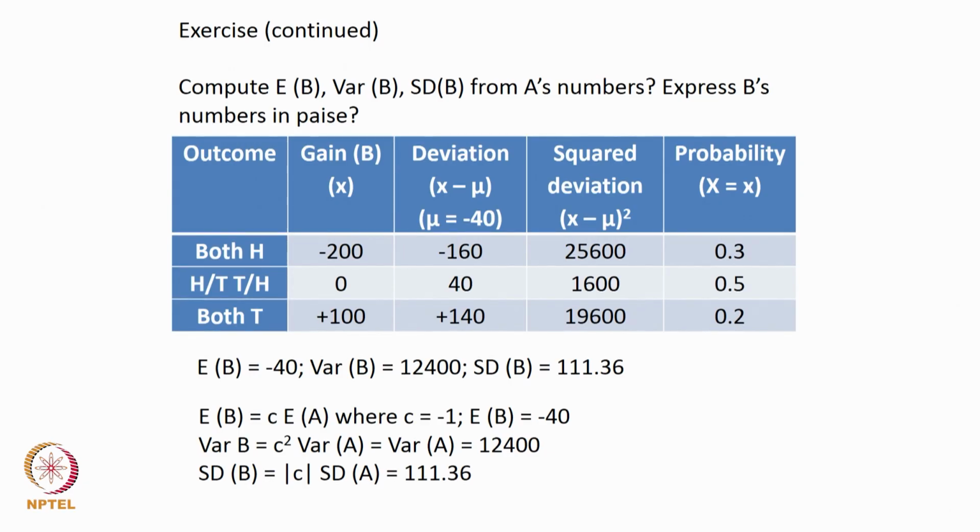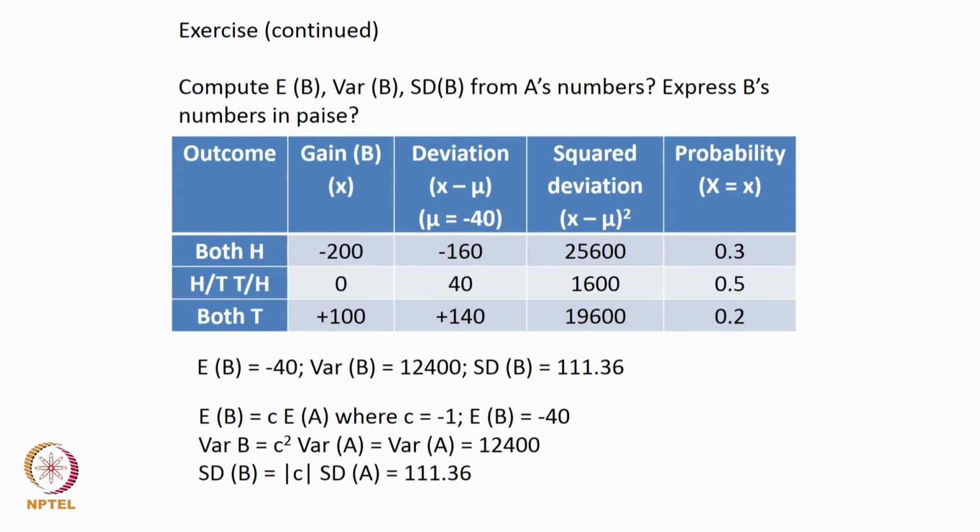So, the variance is 25,600 into 0.3 plus 1,600 into 0.5 plus 19,600 into 0.2, which is 12,400, and the standard deviation is 111.36. So, up to this point we realize that expected value of B is the negative of the expected value of A, variance of B is the same, standard deviation of B is also the same.